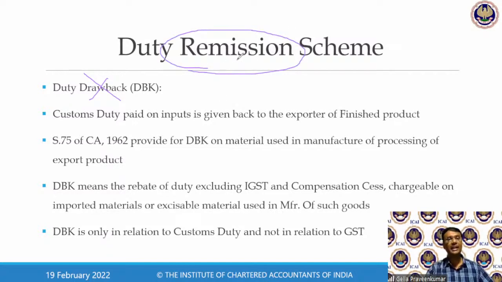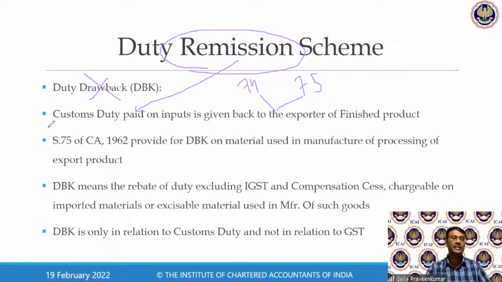How does that remission happen? By way of a customs duty, the drawback, where customs duty paid on inputs, which is given back to the exporter on the basis of my section 74, section 75. Section 74, where the goods as is exported out of India. Section 75, where it is used in the manufacturing process and later I get it back.